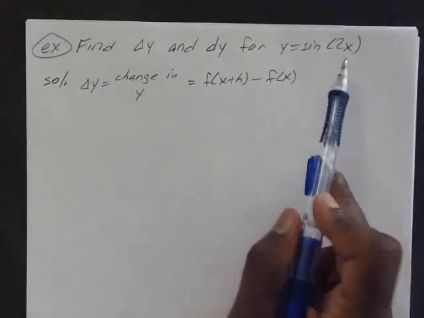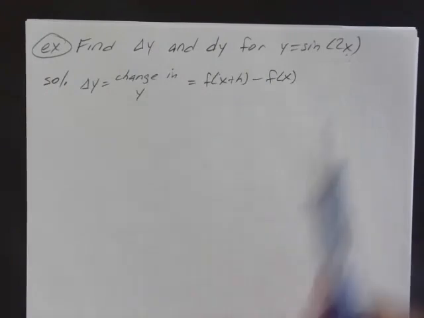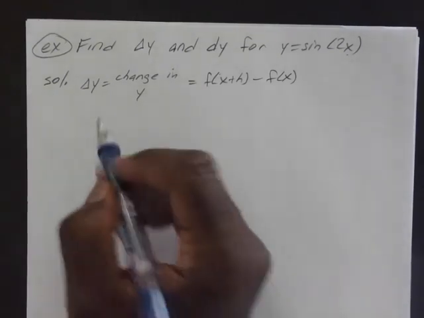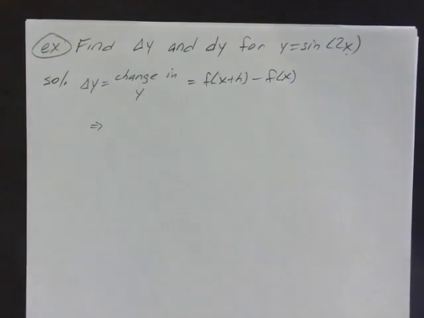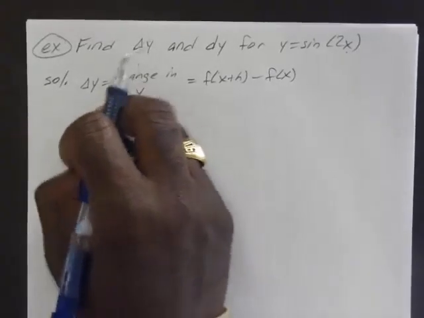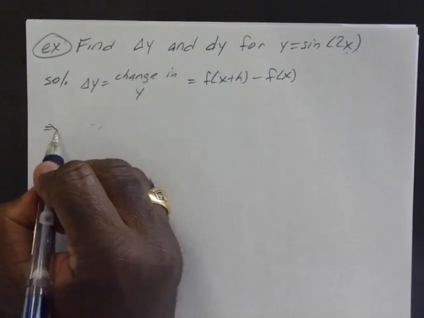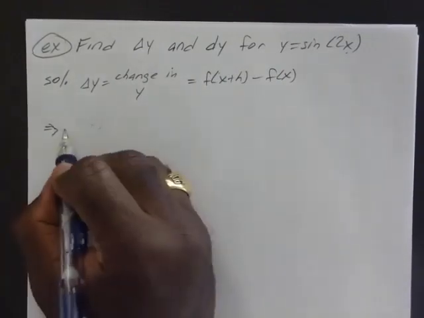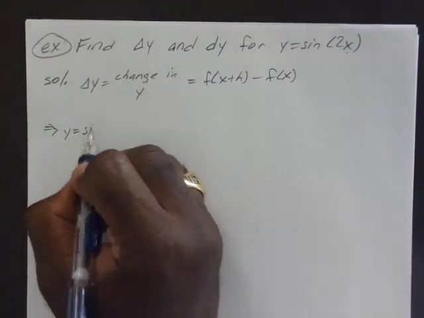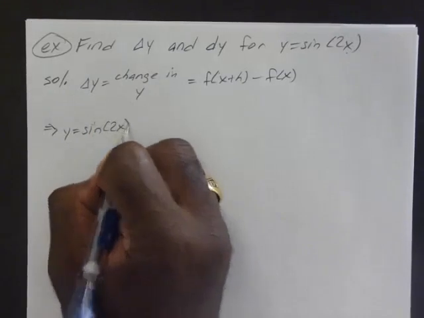The only reason I'm doing that one is because this is a function of x. Okay, so we know that our y is equal to sine 2x.